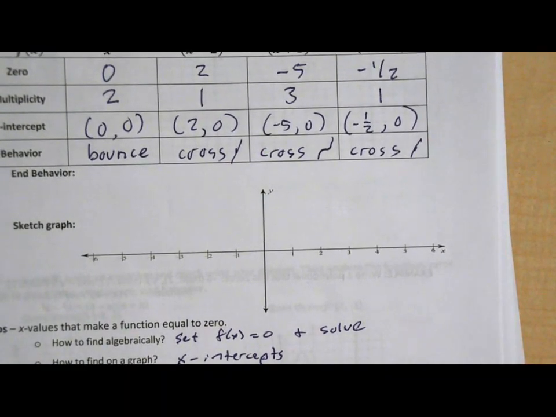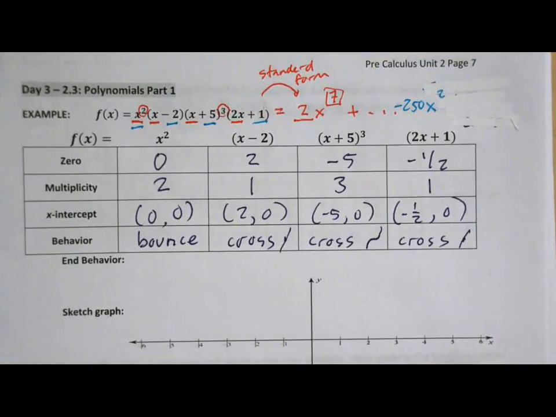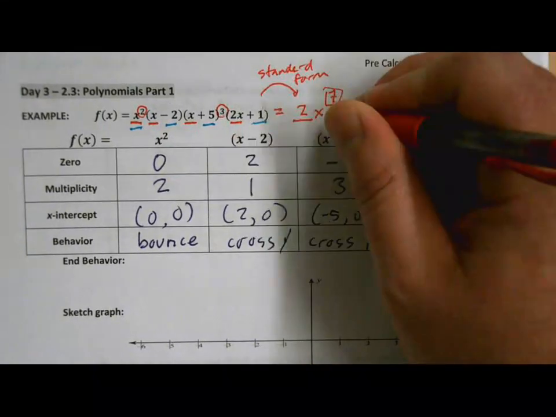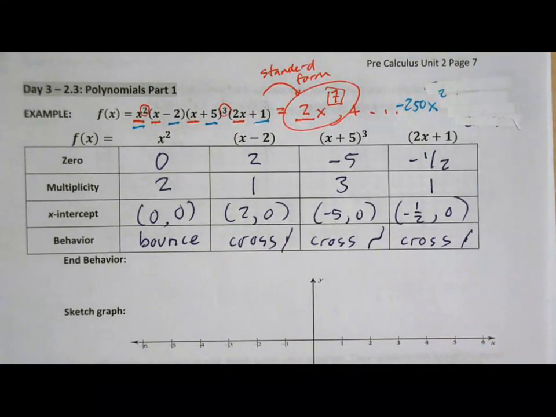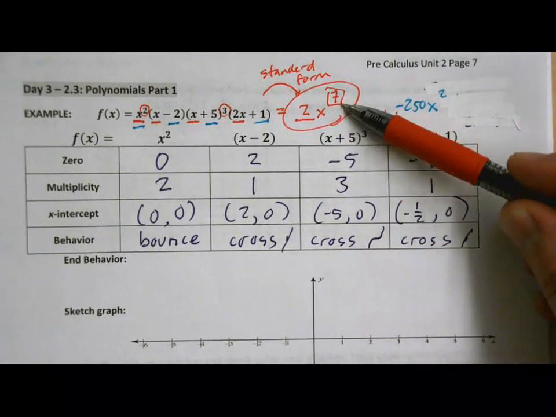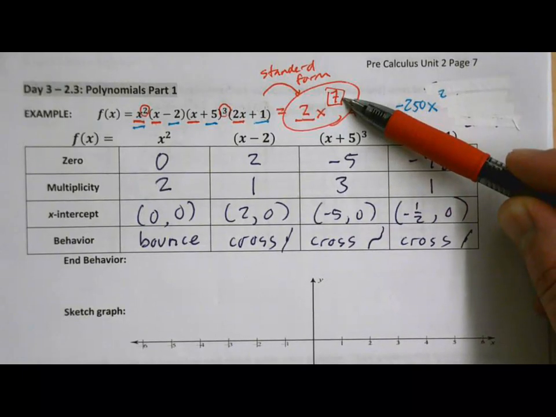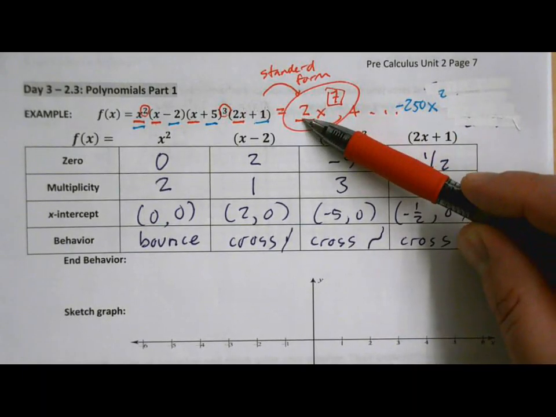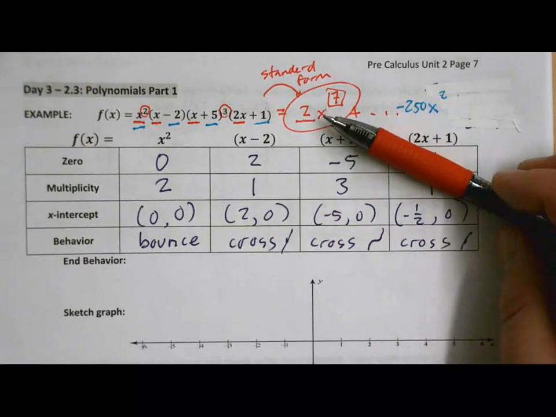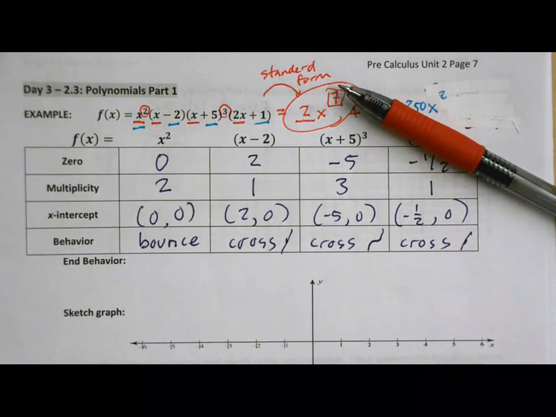So, okay. Now we have everything we need to graph this thing, because now I can look at this and we can determine what our end behavior is. So we've got an odd degree and we've got a positive lead coefficient. So show me what's our dance move for this one. Odd degree, positive coefficient.